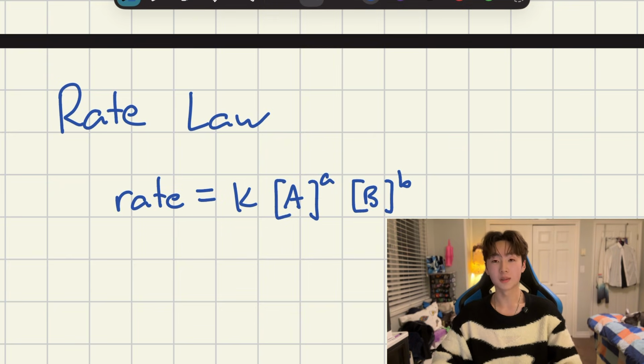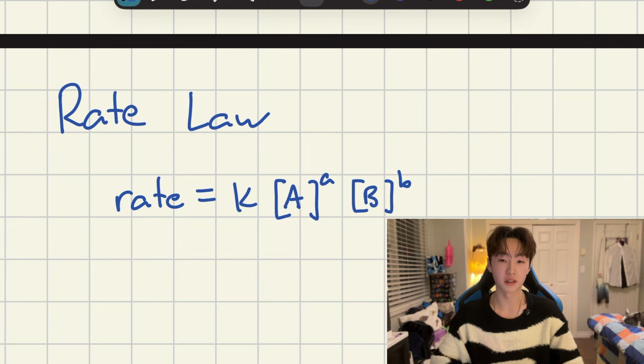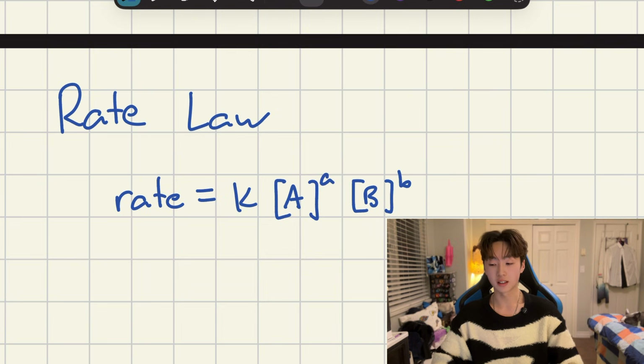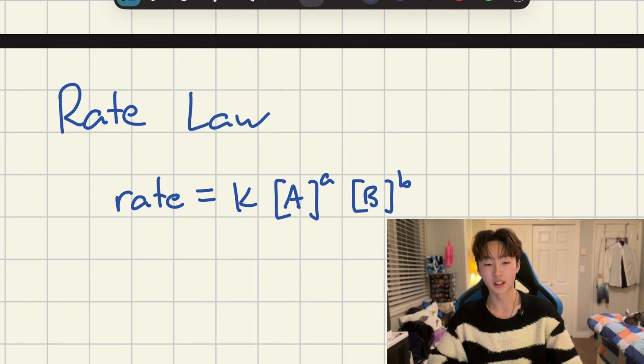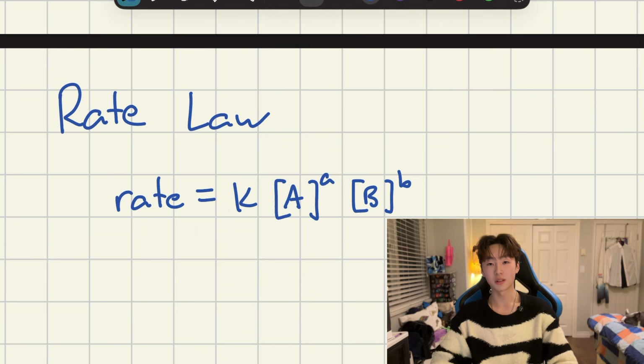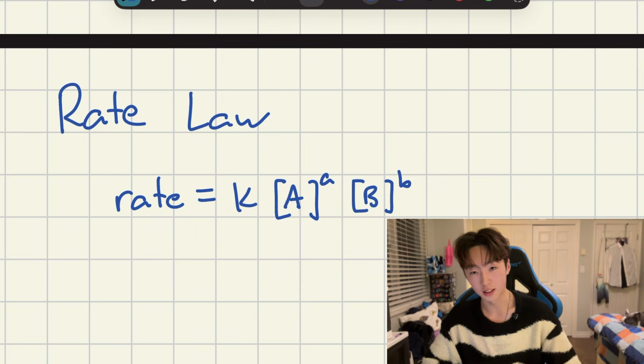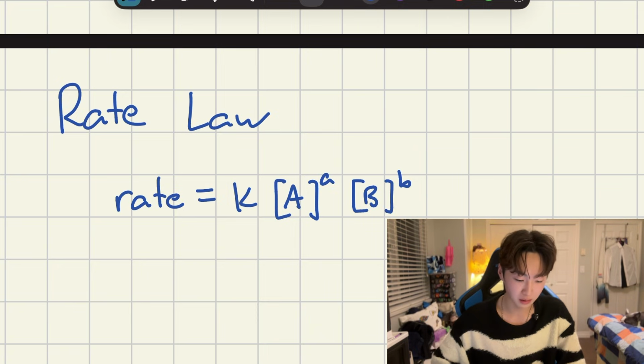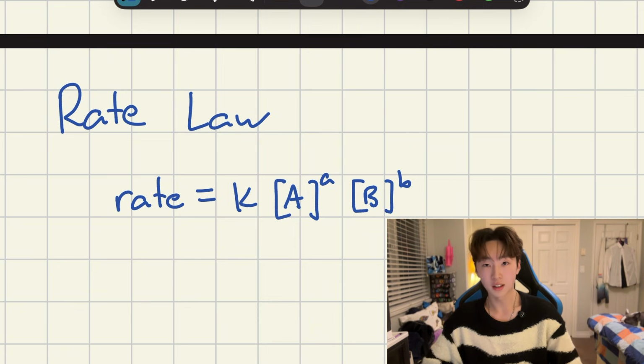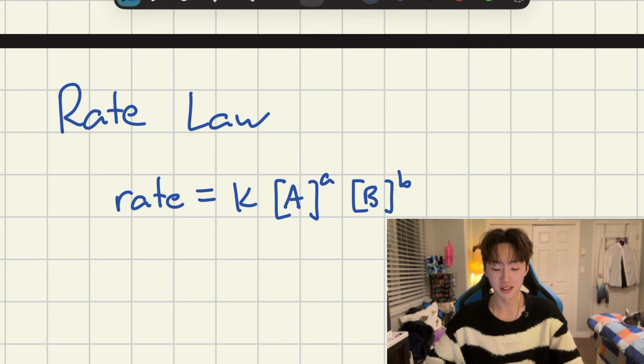And this is simply how much does the concentration of that species affect the reaction rate. Does it affect it by 2 times, by 3 times, or maybe it doesn't affect the rate at all. So that's what these exponents are. So I won't touch on the theory behind it because it's too complicated, but I'll show you how to do some different problems with this.